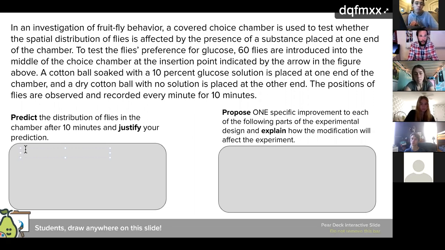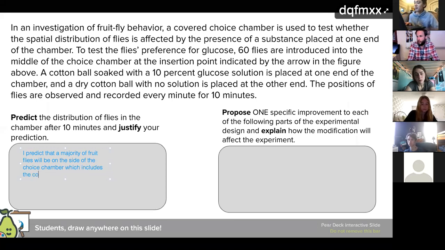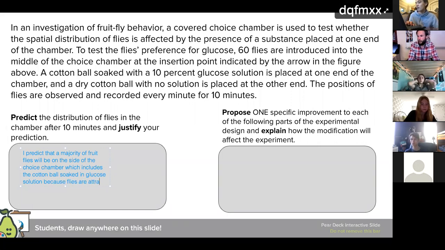You might say something like, I predict that a majority of fruit flies will be on the side of the choice chamber which includes the cotton ball soaked in glucose solution, because flies are attracted to glucose as a potential food source.